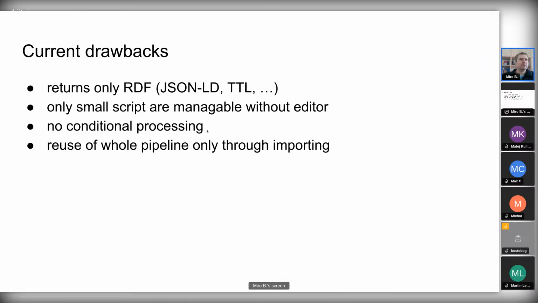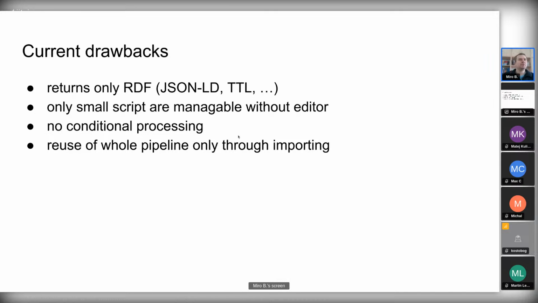The other problem is that there is no conditional processing. This can be done through variables. So you could have, for example, SPARQL construct queries and a variable there which would disable or enable it, but this is not a very nice solution.